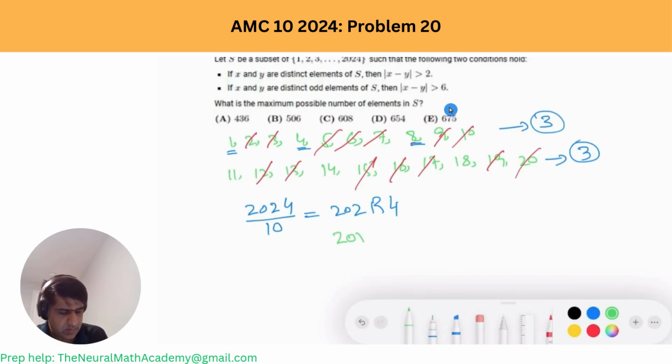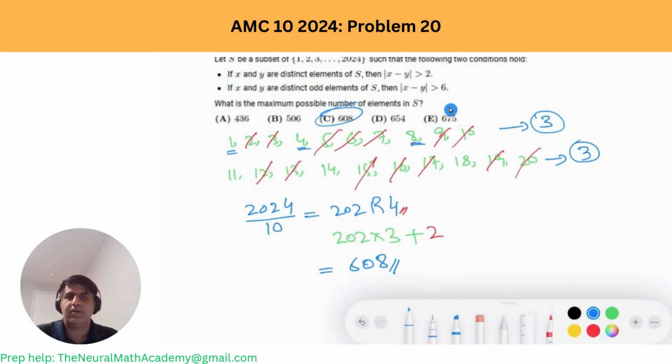So it would be 202 multiplied by 3 plus, since there is a remainder of 4, and from the first 4 numbers, 2 numbers are satisfying the condition. So I can add that, and if I solve, I then get 608. So that is the answer for this problem, C. I hope it makes sense to you.